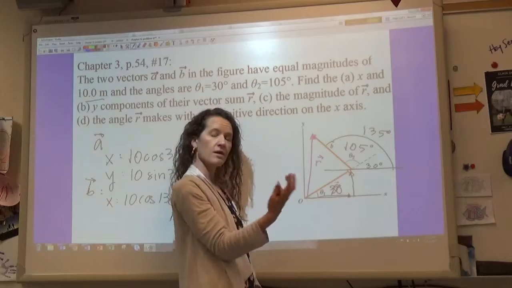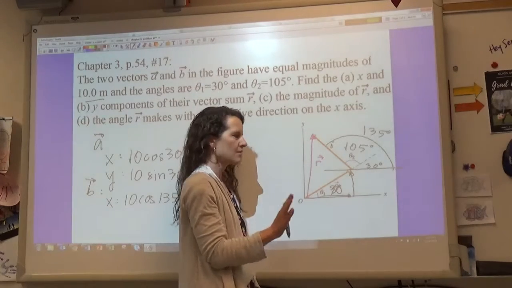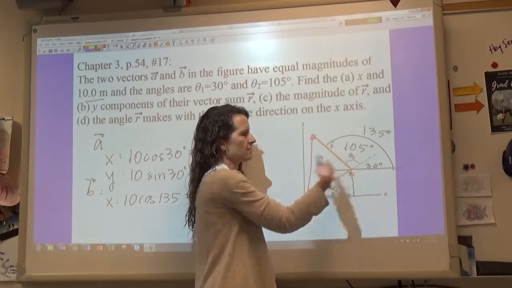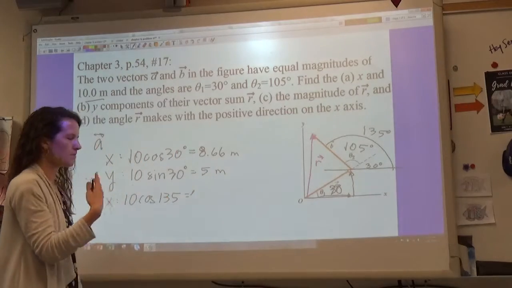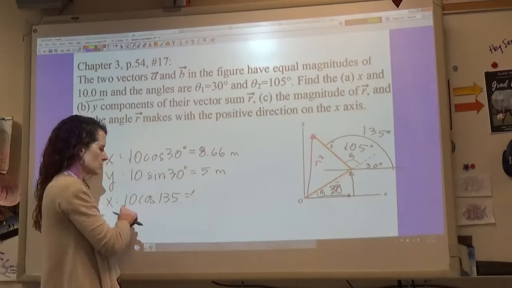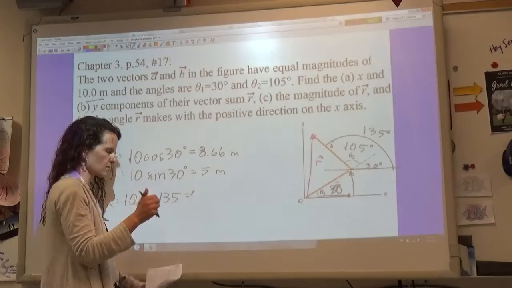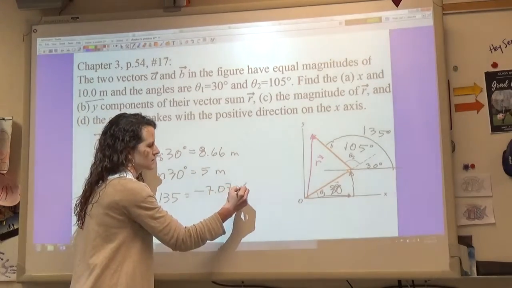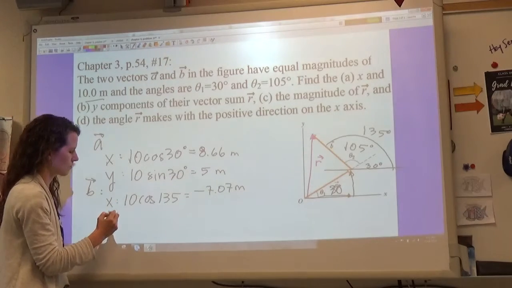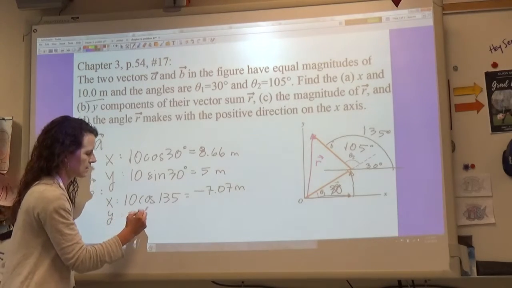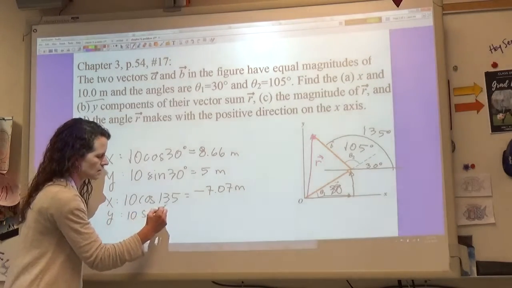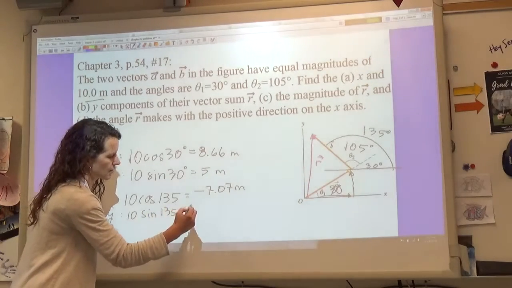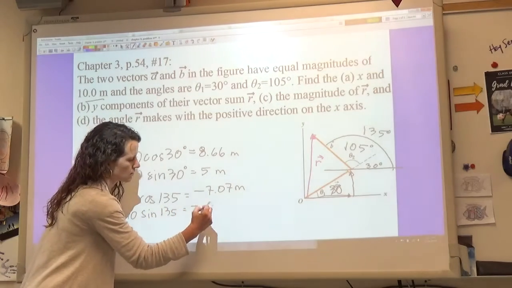So as long as you're aware of those and include those in your answer, that's no problem. But I'm just going to use 135, and that's going to give me the magnitude and the direction of my vector. So 10 times cosine of 135 is going to be negative 7.07 meters. And then for the y direction, we again have 10 times sine of 135, and that will equal positive 7.07 meters.